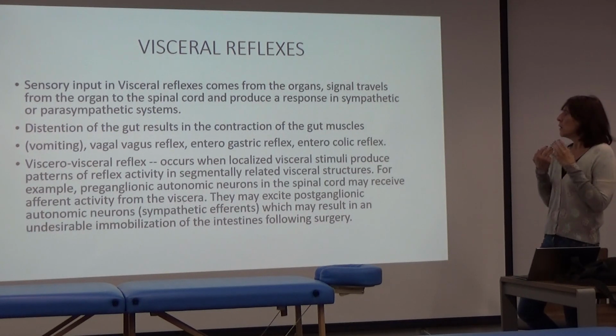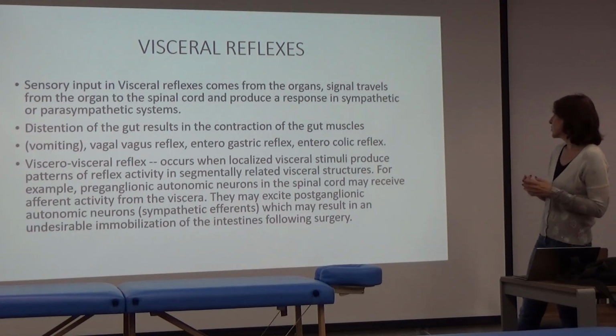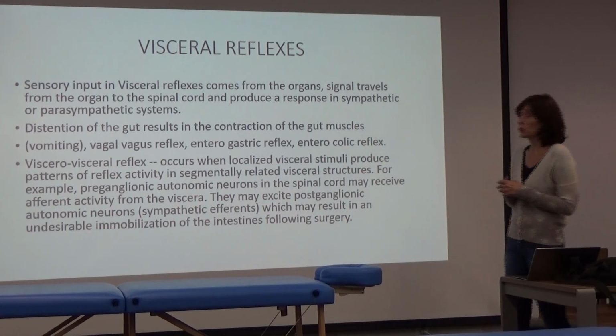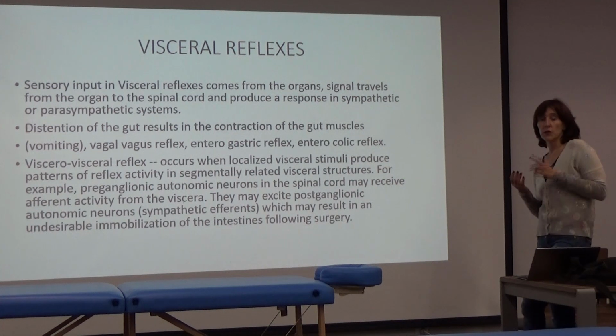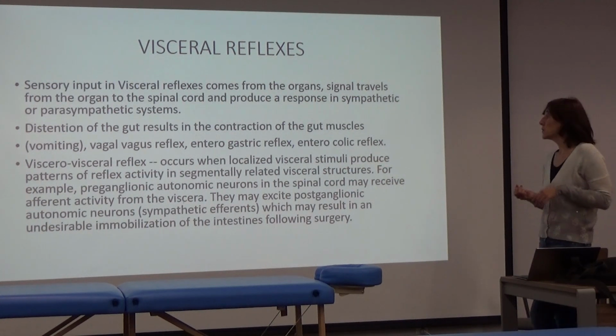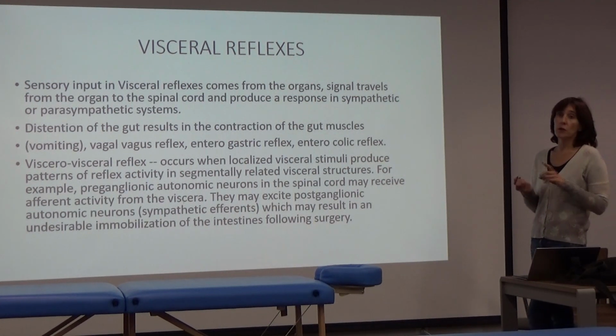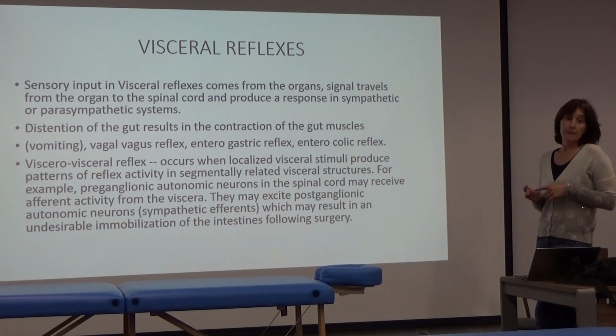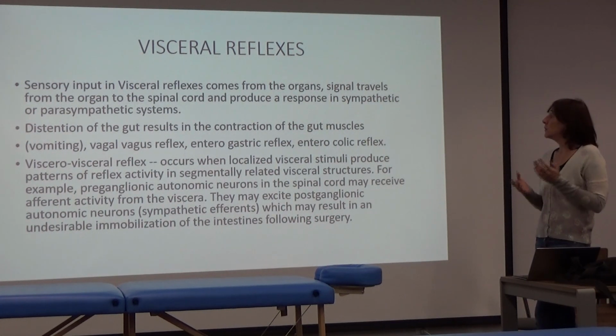For example, we have vomiting, we have the vagal vagus reflex, we have enterogastric reflexes, we have enterocolic reflexes, and so on. All those reflexes regulate the production of gastric acids, they regulate the production of enzymes, they regulate peristalsis, and basically they regulate the whole GIT system.